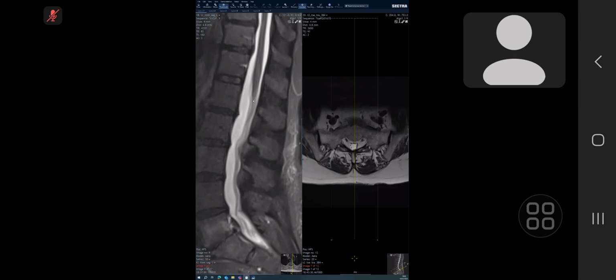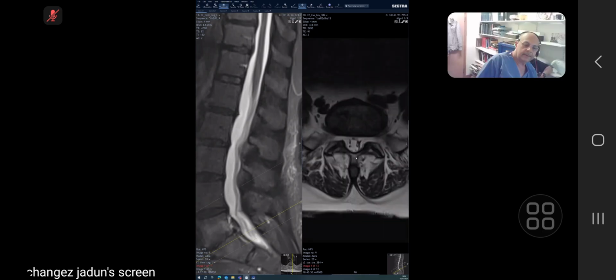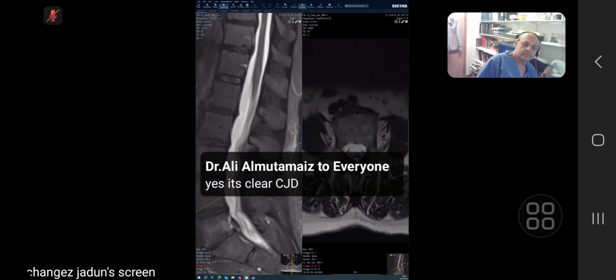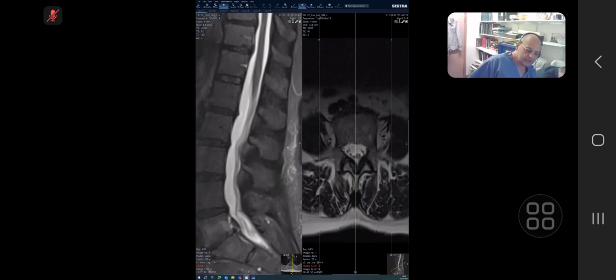tethered cord, and the cauda equina is going downwards. Can you please magnify the axial section for me? Yes, here you go. So when do you say tethered cord?